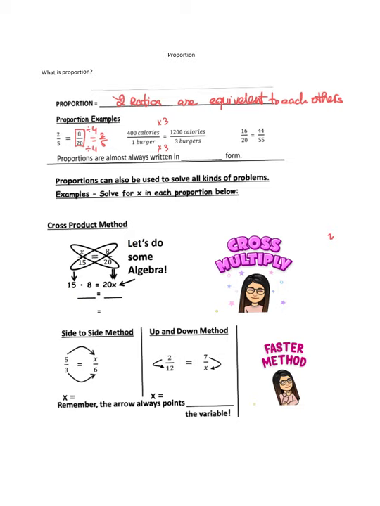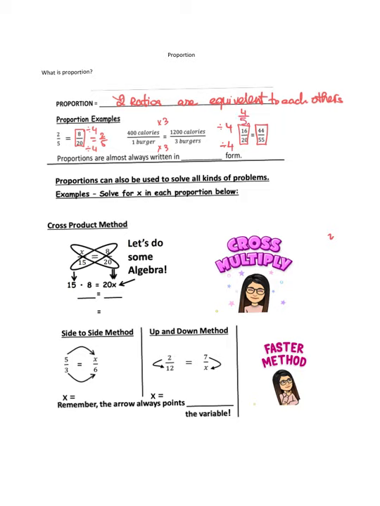Okay, next one is 16/20 is the same as 44/55. So let's reduce these two fractions. 16 and 20, I will divide by 4. I will get 4/5.